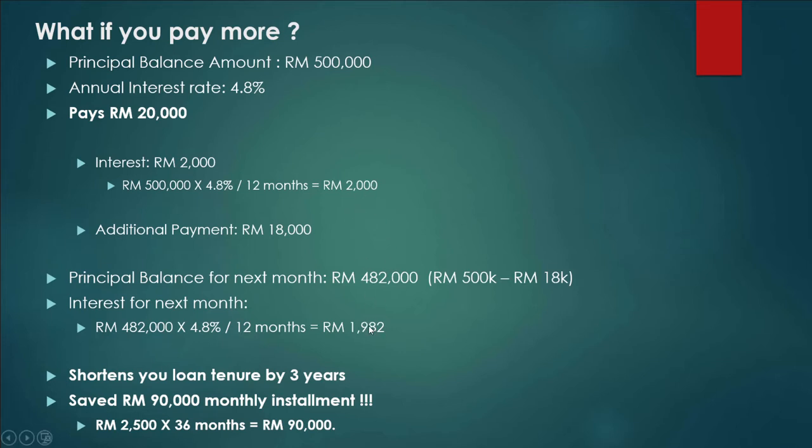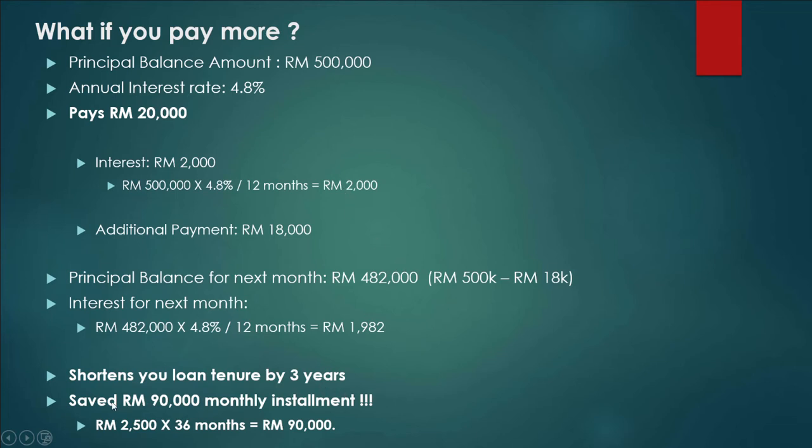Although 2,000 ringgit and 1,982 ringgit doesn't sound like a lot, if you do the complicated calculation, it actually shortens your loan tenor by approximately 3 years. So if it's a 30-year housing loan, you will complete it in 27 years after you make this 20,000 ringgit payment.